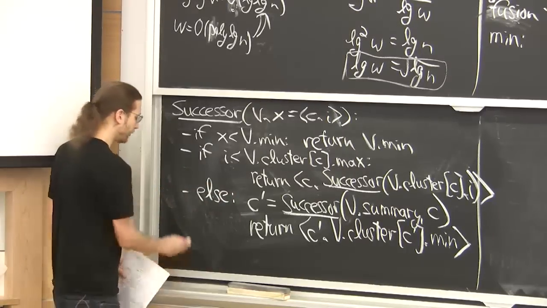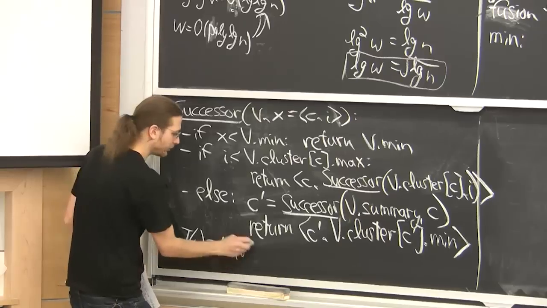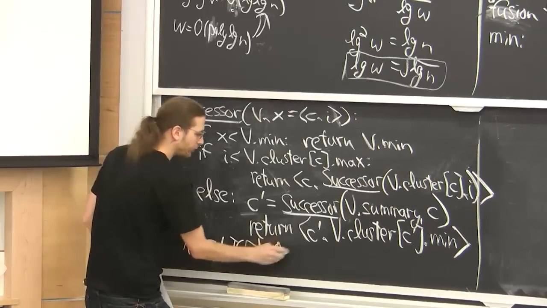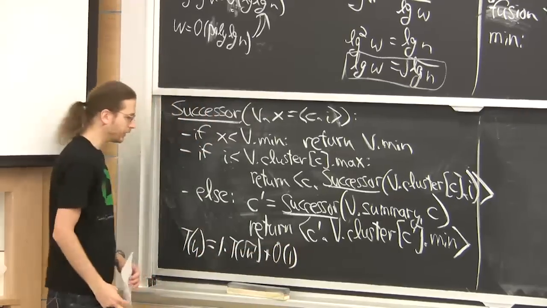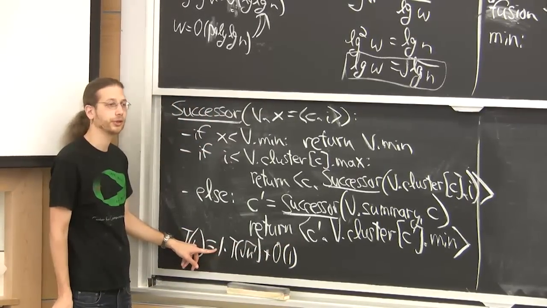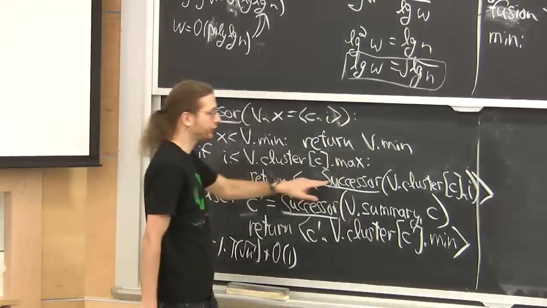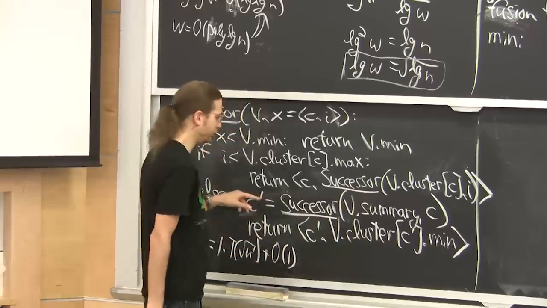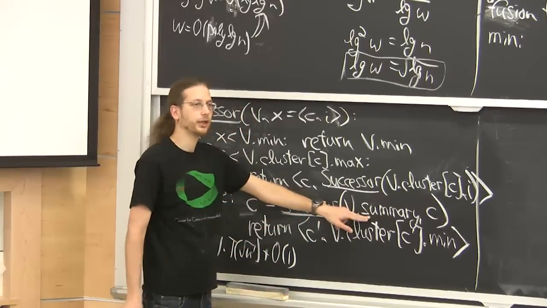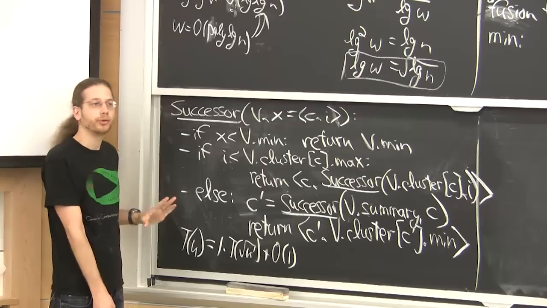The key is we want this recurrence, T of u is 1 times T of root u plus order 1. That gives us log log u. If there was a 2 here, we would get log u, which is no good. We want the 1. So in one case, we call successor on a cluster. In the other case, we call successor on the summary structure. But we don't want to do both.